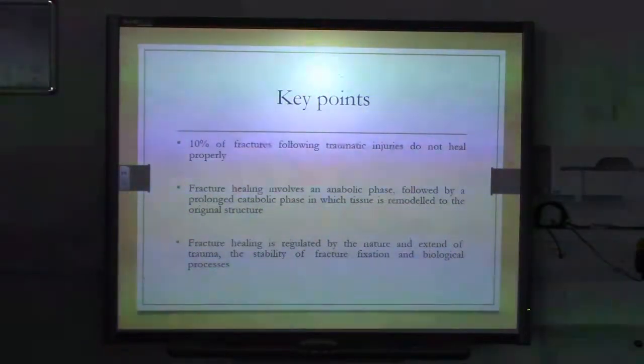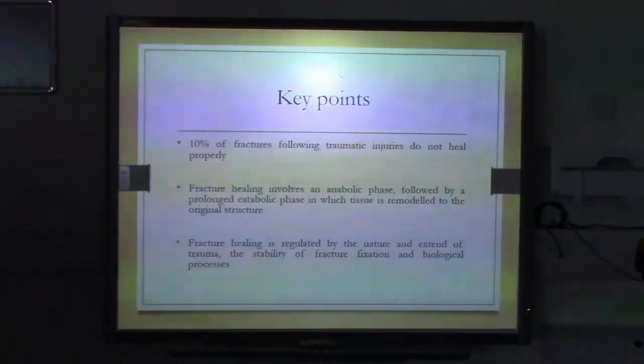And this is to get the bone back to its original structure. So fracture healing is very much regulated by the nature and extent of trauma and the stability of fracture fixation and biological processes. So that's our own body's immune system and the development processes associated with the skeletal ontology.